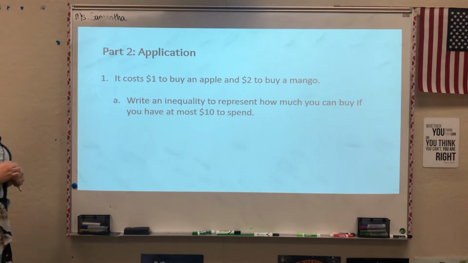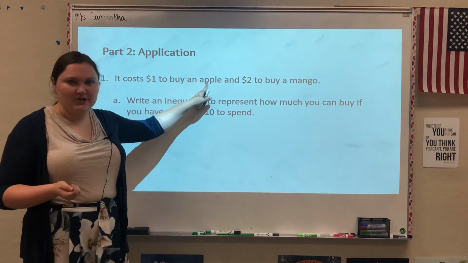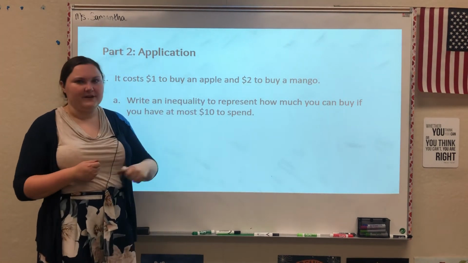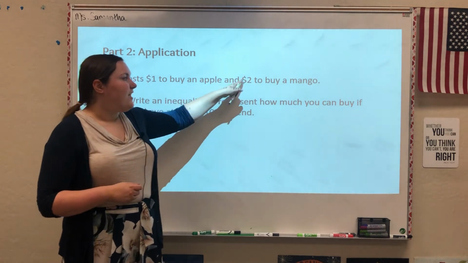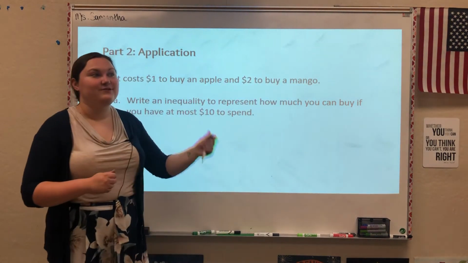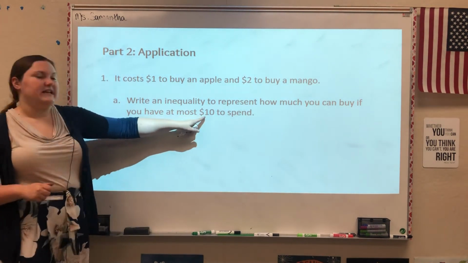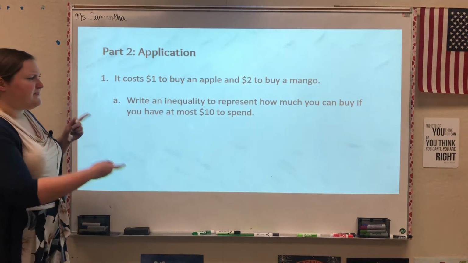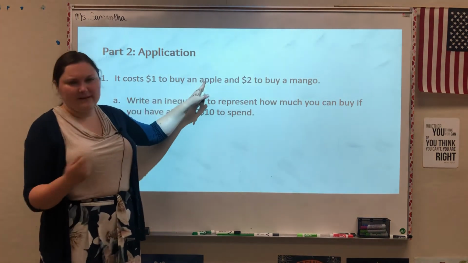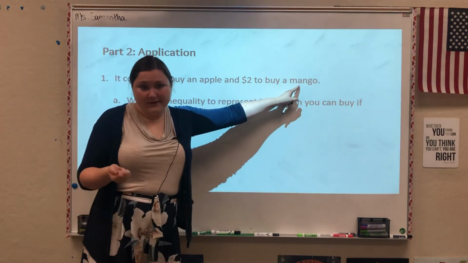All right, well, I've got $1 for each apple. That means I'm paying $1 for every apple. I've got $2 for a mango. Means I'm paying $2 for every mango I want. And I've got a total of $10. There's going to be 2 variables here. One of them is how many apples I buy, and one of them is how many mangoes I buy.